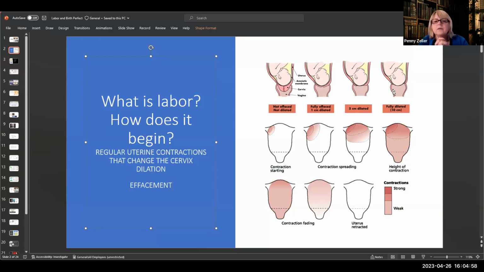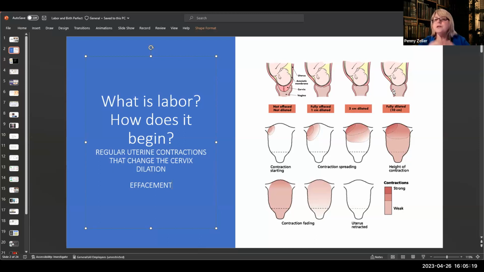The next one shows how contractions actually occur. They start usually toward the top side, the strength of the fundus. The fundus is the strong muscle, and that's where the contraction begins. And then it spreads throughout the uterus.